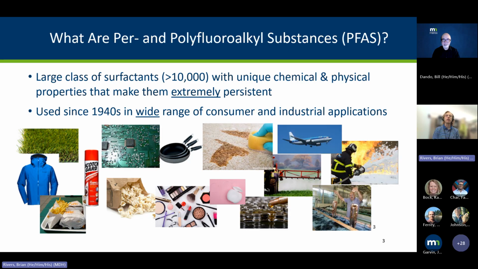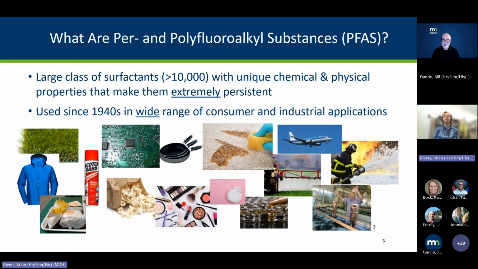They've been around since the 1940s, and since have been integrated into a wide range of consumer and industrial applications and products. As you see here on the screen, you have things like Gore-Tex, Scotchgard, Teflon. Those are some of the more well-known PFAS consumer products.